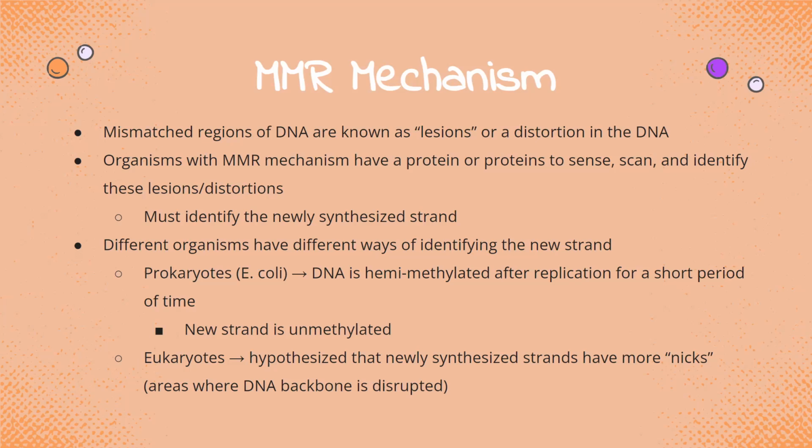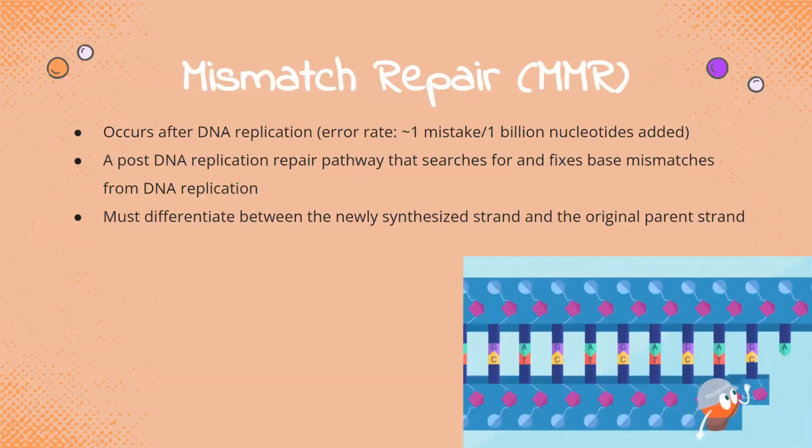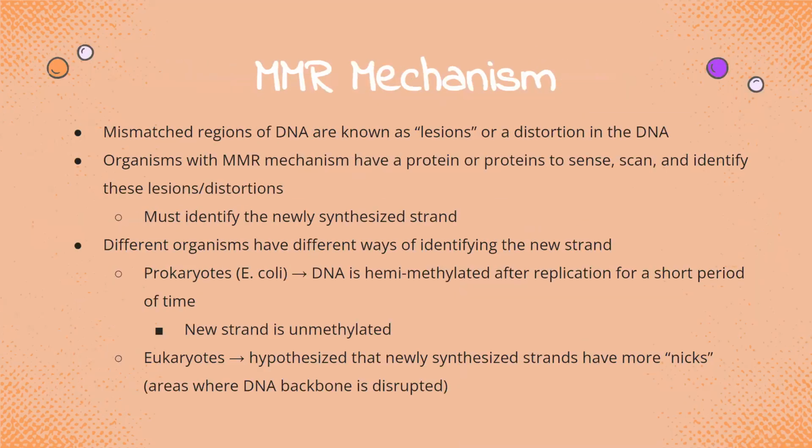MMR is able to tell which DNA has just been misplaced by telling which one's the parent strand and by sensing a lesion in the DNA.